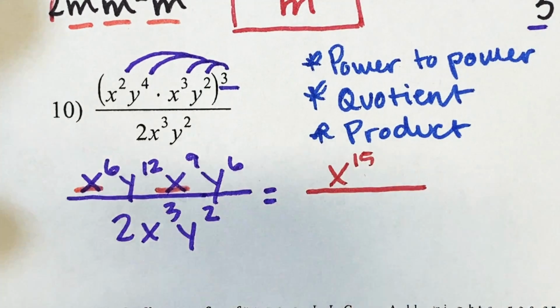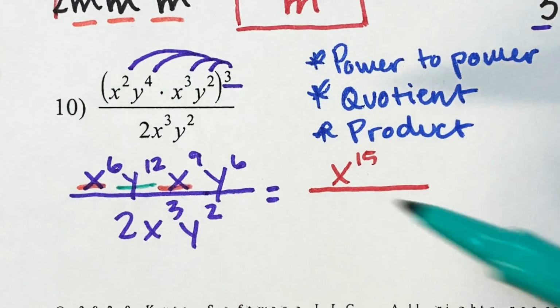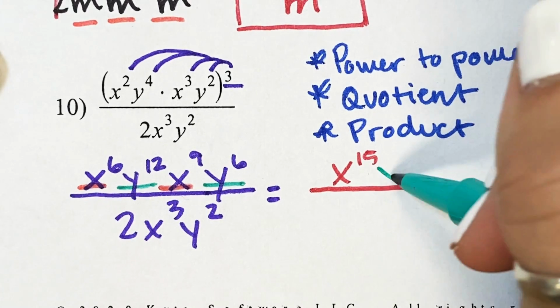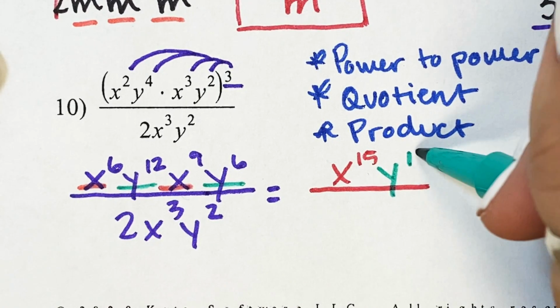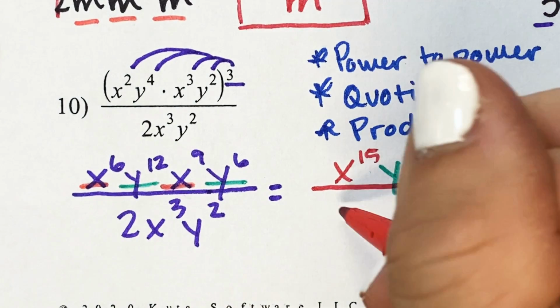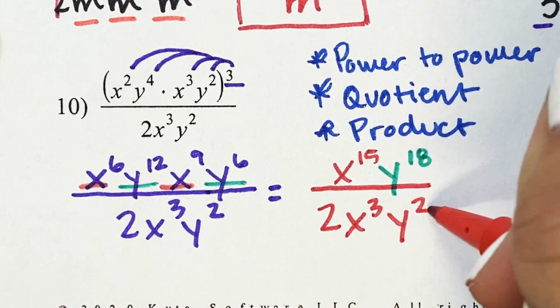Good job. I have 12 y's right here and another 6 right there. How many y's do I have? 18. Good job. Now on bottom, I have that 2x cubed and y squared.